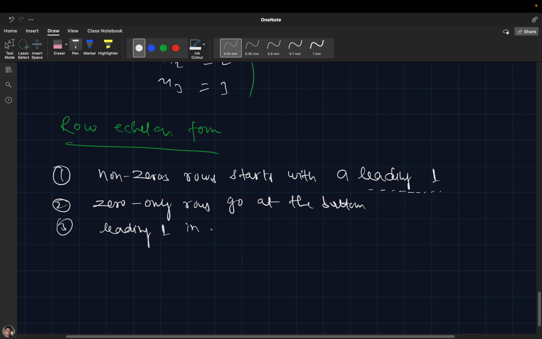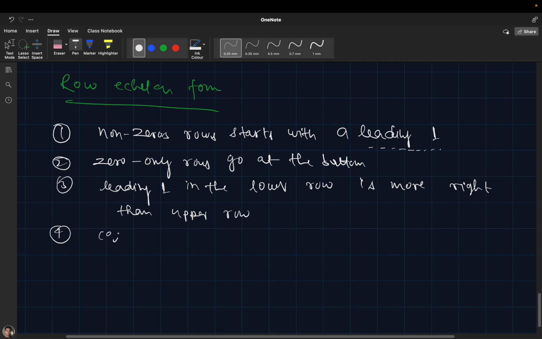And the fourth condition is that a column with a leading one has only zeros elsewhere.